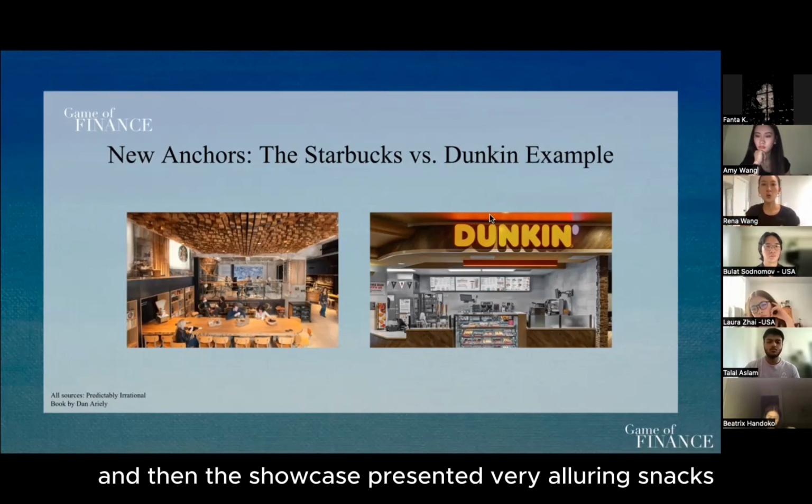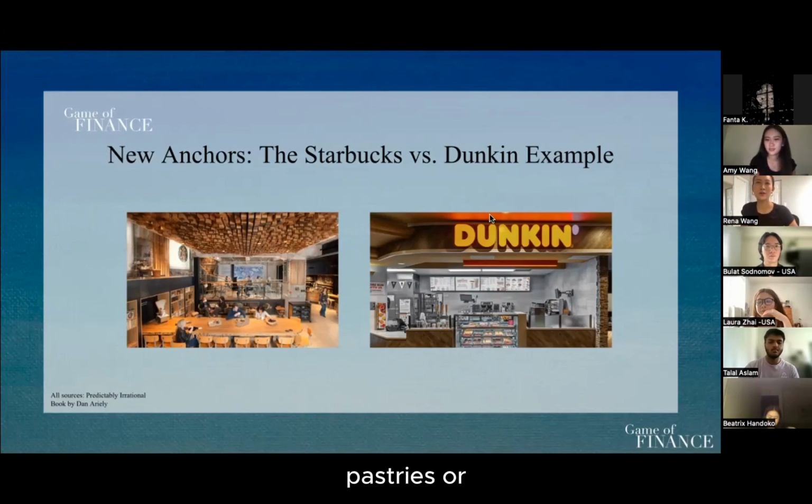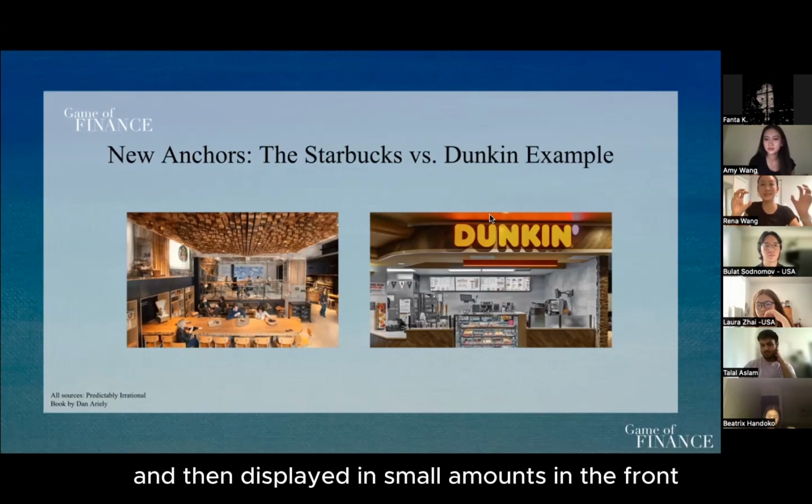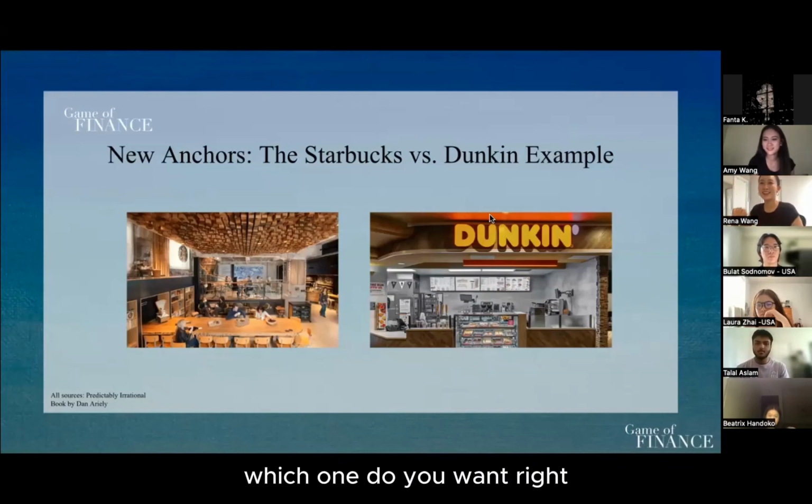And then the showcase presented very alluring snacks like almond croissants or biscotti, raspberry pastries, or some fancy name, displayed in small amounts in the front. When you look at Dunkin's, you see a row of donuts behind the cashier, and they say, okay, which one do you want, right?